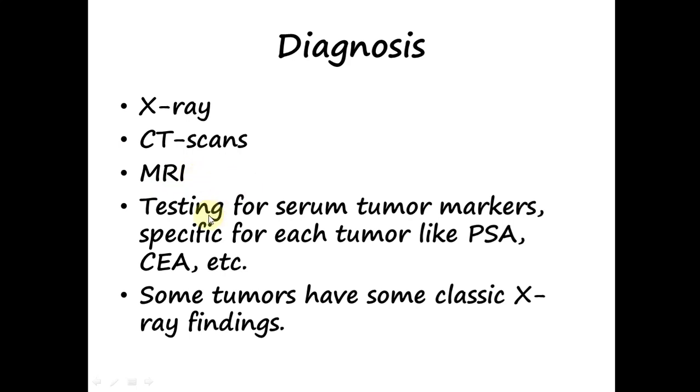Moreover, we may test serum for certain tumor markers which are specific for certain malignant bone tumors. For example, prostatic specific antigen, carcinoembryonic antigens, and other tumor markers are examined through blood and serum examination for certain malignant tumors of the bones.